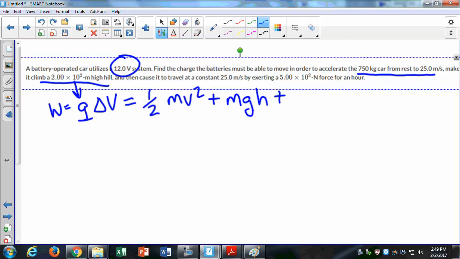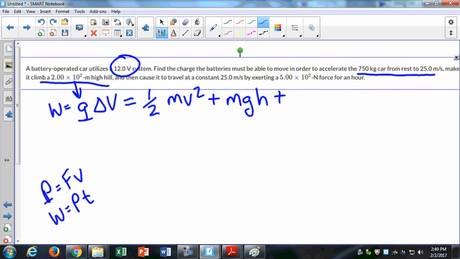We did this a little bit last semester, but I want to have it travel at a constant 25 meters per second for 500 newtons force for an hour. The power is equal to F times V. That's force times distance over time. And so our power is F times V. The work is equal to power times time.